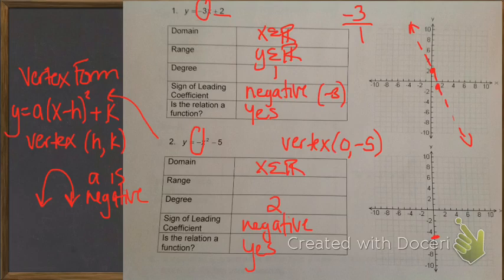You can actually draw a sketch of that parabola that way, and we can state our range. y can be any real number as long as it is less than or equal to negative 5. So that concludes filling in that table.